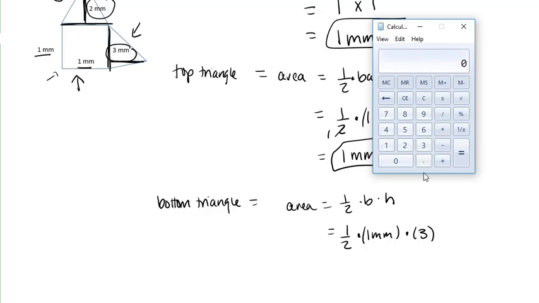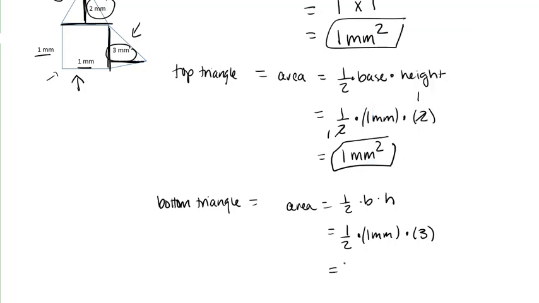So we go 1 times 3, which is 3, and then we'll just divide it by 2, as it's the same thing as multiplying it by 1/2. And we get 1.5 millimeters squared.